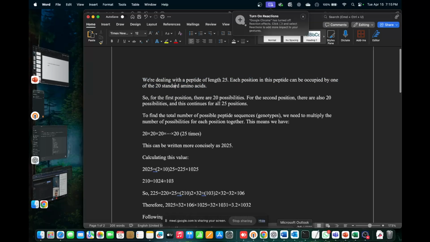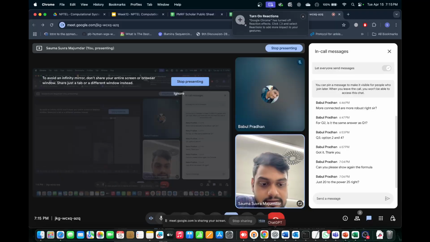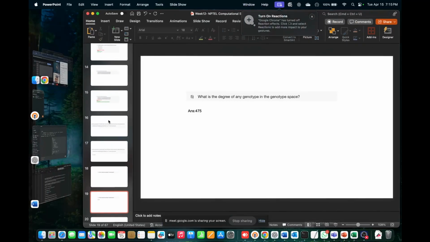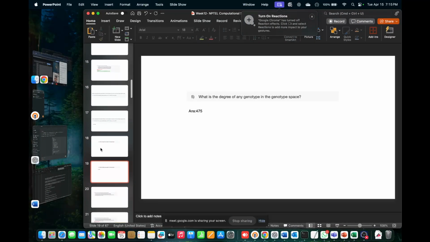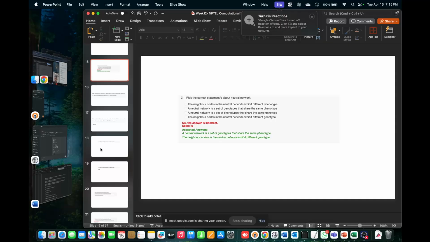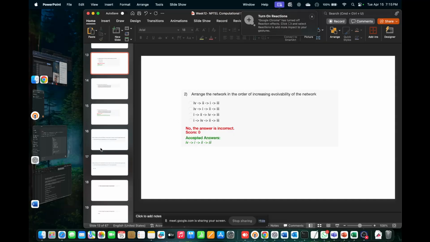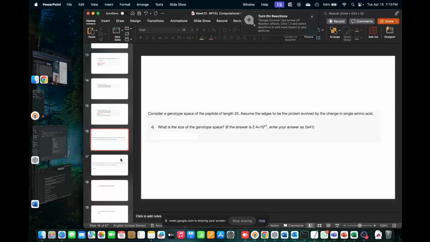So the question was question number 3, right? Sorry, question number 4. Four, right? This one, right? So you are asked what is the genotype space for this?